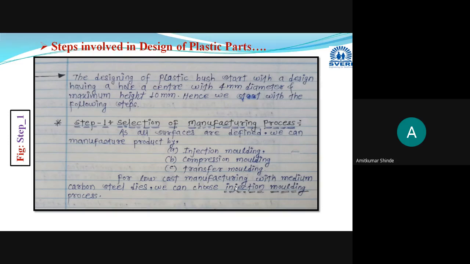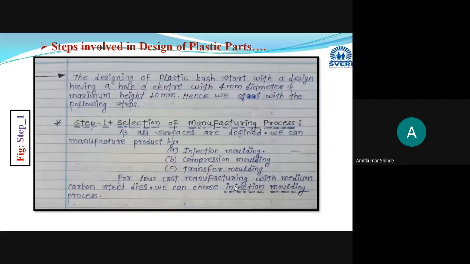Now here, to manufacture the plastic parts, you can go for different manufacturing processes. Like you can go for injection molding to make that particular bush with the boss. You can go for injection molding, then you can use compression molding, transfer molding. Different processing methods for plastic materials can be used, but you have to consider the economical aspect.